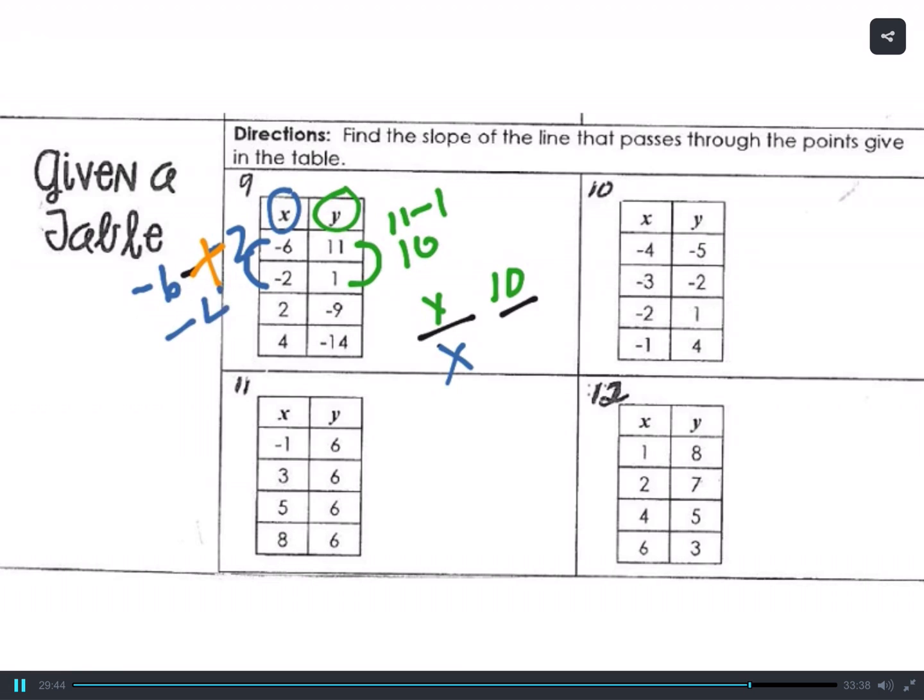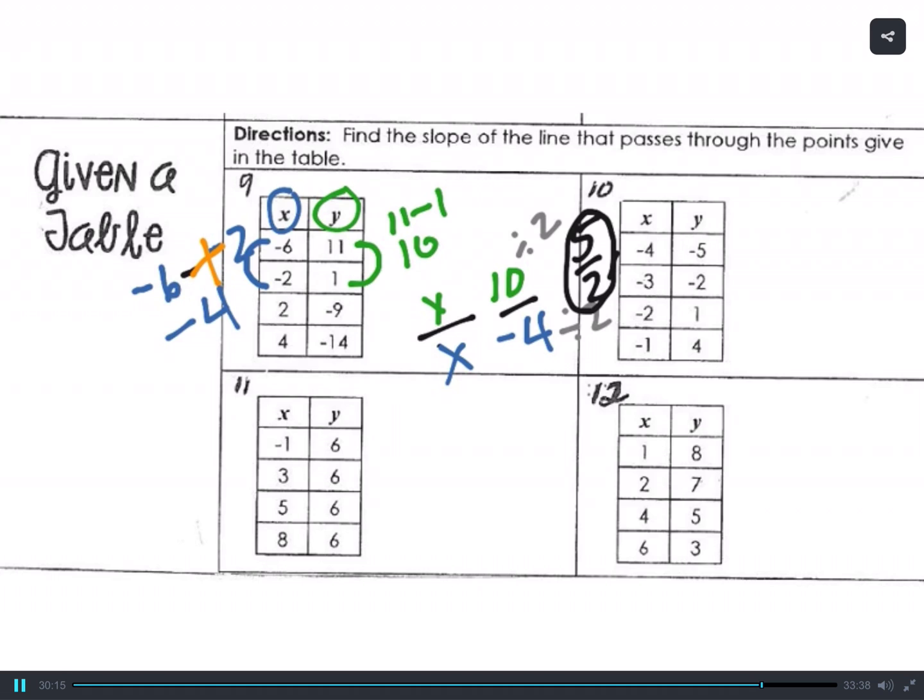Negative 6 plus 2 is the same as negative 4. So I'm going to put that negative 4 on the bottom. And now in my final step, what I need to do is reduce the fraction. So both of these numbers are divisible by 2. So what I will end up with is 5 over 2. And that's my slope, 5/2.